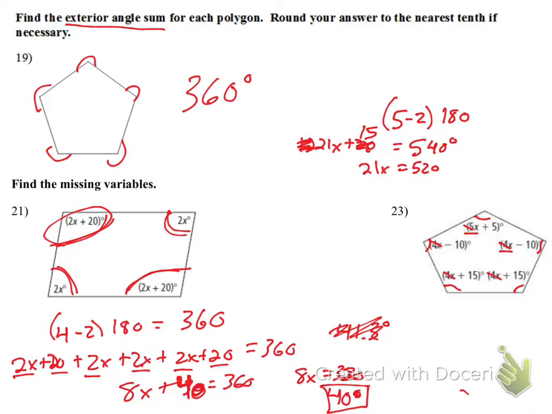So 21x plus 15 equals 540. So I'll do 540 minus 15. Should be 525. So 21x is equal to 525. And I divide that by 21, and I get 25. So x is equal to 25.